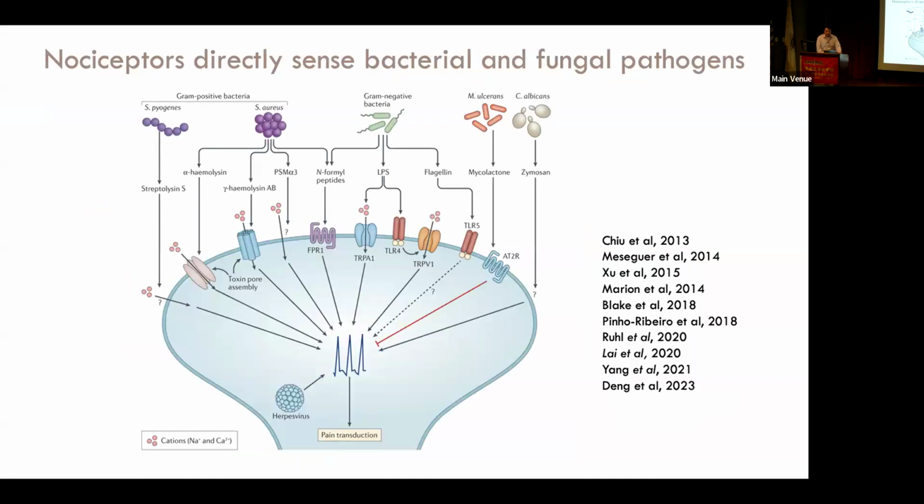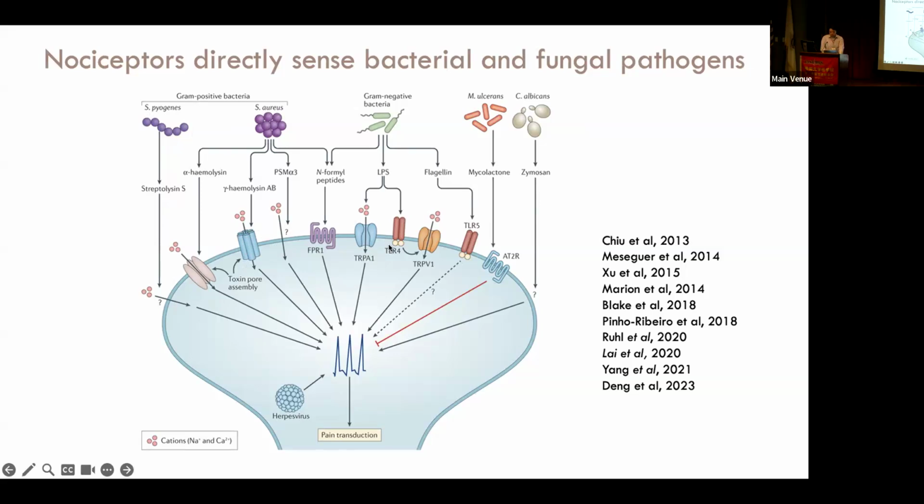Our lab and others have also over the years found that these neurons can sense pathogens directly. So like immune cells, they have different ways of sensing potentially harmful pathogens. We found that Staph aureus and Strep pyogenes, two leading causes of skin infections, cause pain by directly poking holes in the membrane of nociceptors through pore-forming toxins like streptolysin S or alpha hemolysin.